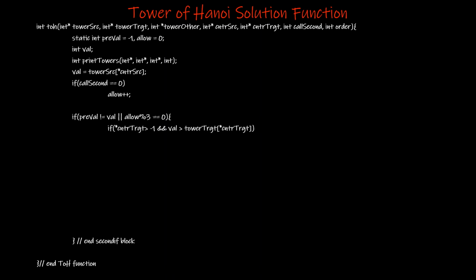So we need to check whether the value which represents the current disk which is going to be transferred is greater than the disk which is present at the current location of counter target, right?